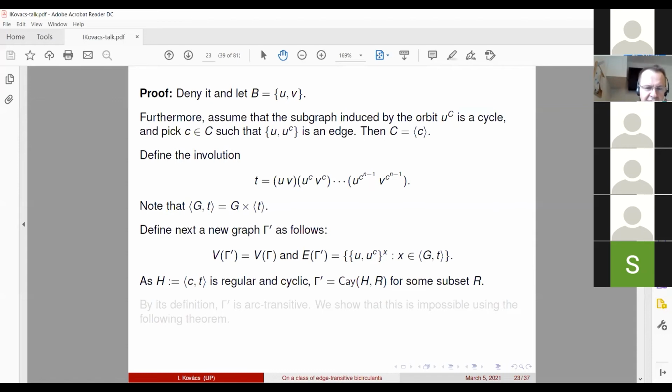Because of that, this new graph becomes a Cayley graph over H for some subset R, which we don't know yet.